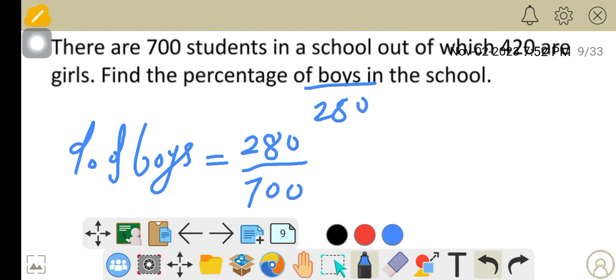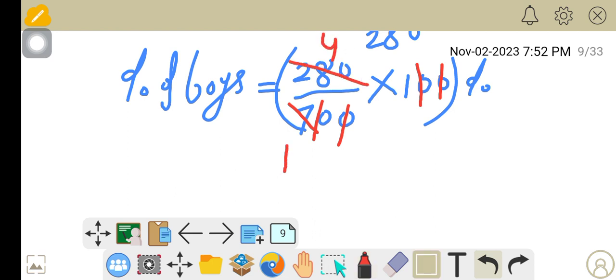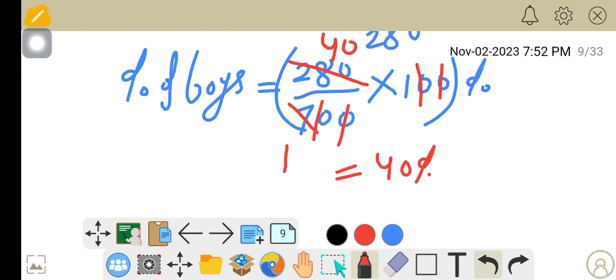This is your answer, but we need to convert it into percentage, so we multiply by 100 and put a percent symbol. Now we solve the bracket part. Cancel out both 0s. Now we have 7. 7 ones are 7, 7 fours are 28, so it will be 40. So overall we have 40% boys in the school.